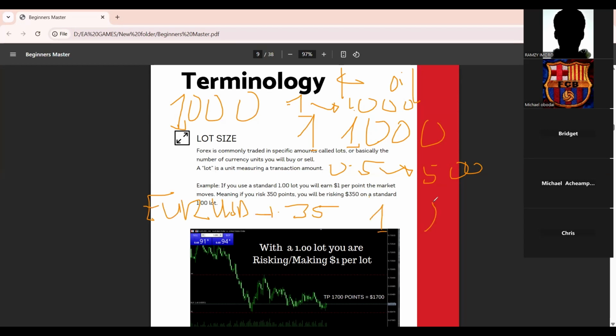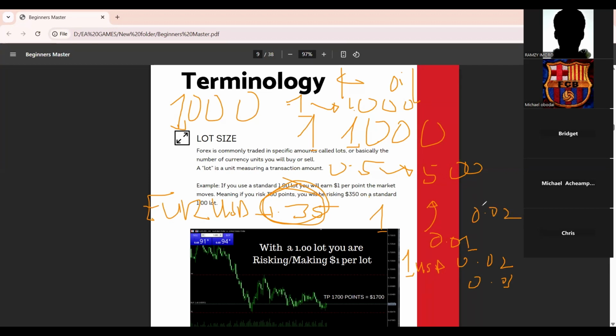That means for every single move, you're going to lose $1 or something equivalent to this amount. If you're buying the whole, for every single move, you're losing that. But if you're buying a smaller lot, like 0.01, 0.02, 0.03, then for every standard move, you are going to lose 0.02.